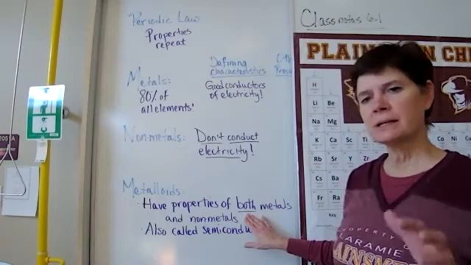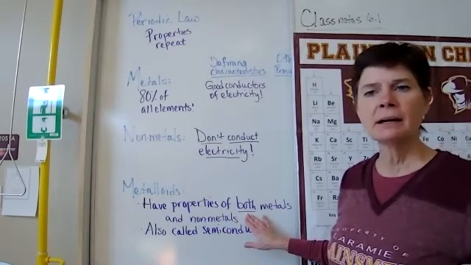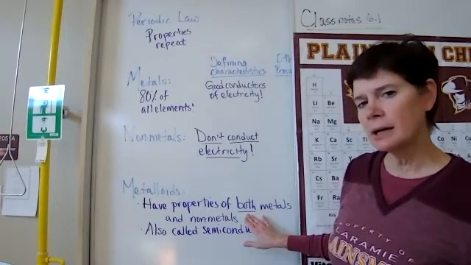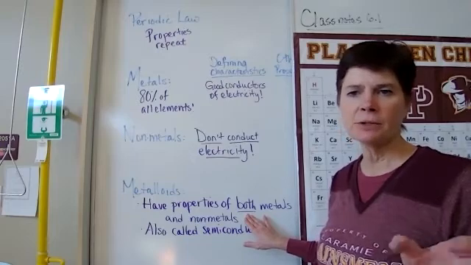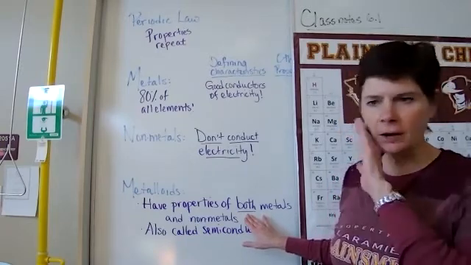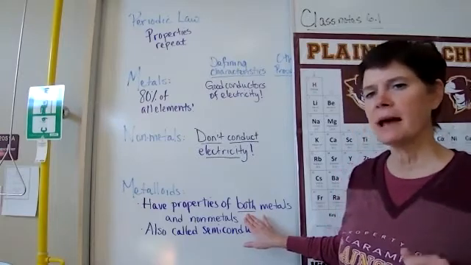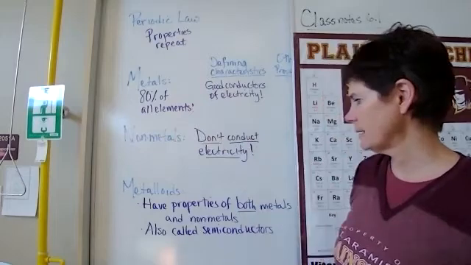They have characteristics of both metals and non-metals. So they might be shiny, but brittle, or they might be dull like a non-metal, and maybe somewhat malleable. So they're going to have some mixture of characteristics, but they are in no way a mixture of metals and non-metals. Their characteristics have some of each of the different major categories, metals and non-metals.